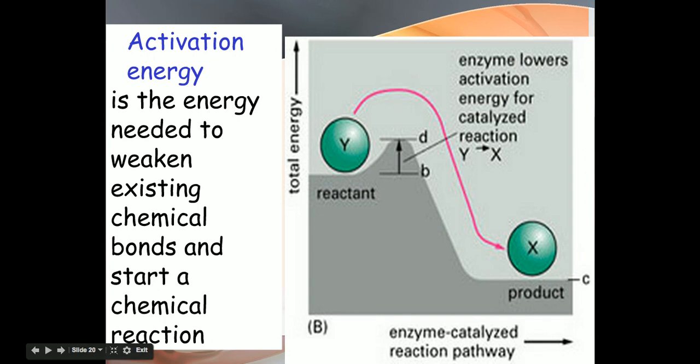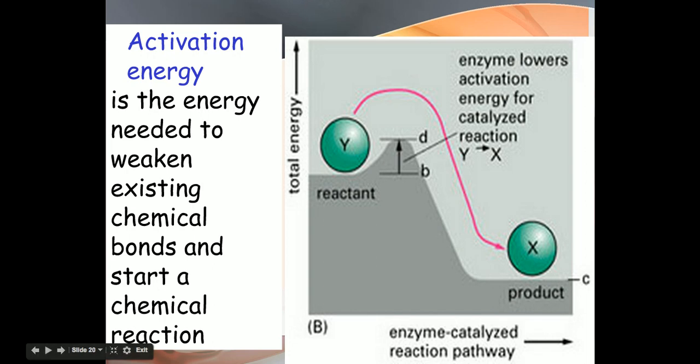So right here, this graph right here is something you'll get very familiar with. If we look at our x-axis, we have enzyme catalyst reaction pathway. So it's basically showing time. Time is moving over here, and energy is over here. So our reactants start right here. So let's imagine if we go back to our hydrogen peroxide example, we're starting with H2O2. That's our reactant, what we started with.